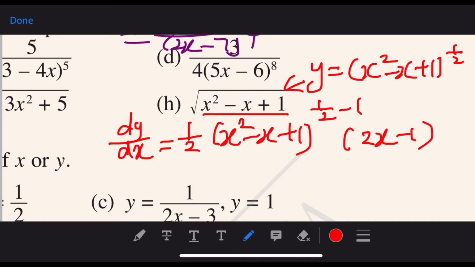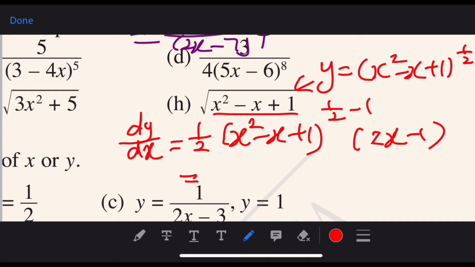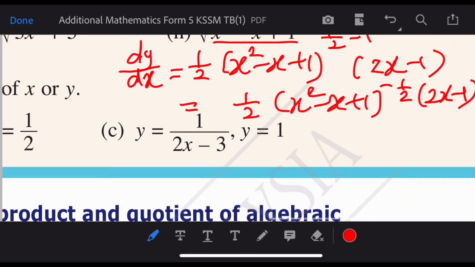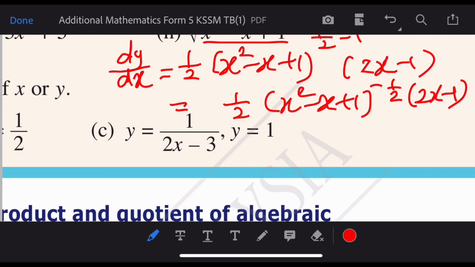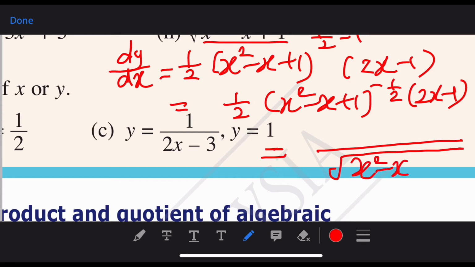Okay, so now I just simplify my answer. It will become, okay, 1 over 2 times x squared minus x plus 1 to the power of negative half, times 2x minus 1. So okay, I can't do much more. I can only convert it back into the square root symbol like this.